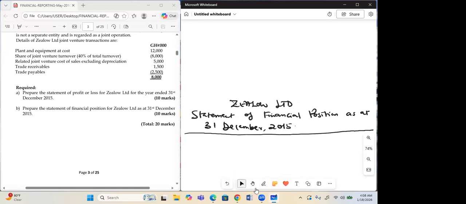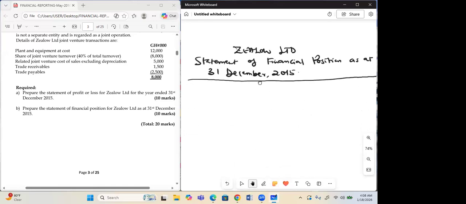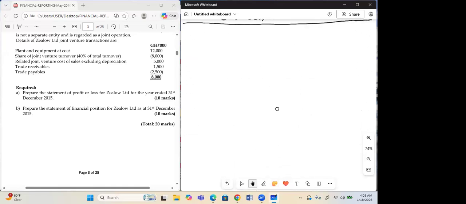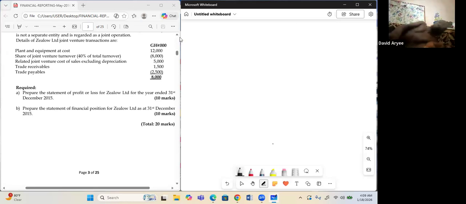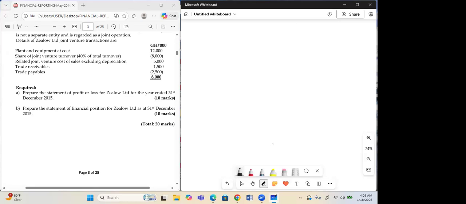After the 2 pages, then you begin your workings. So the next page after the 2 pages, I can begin my workings here and call it workings.